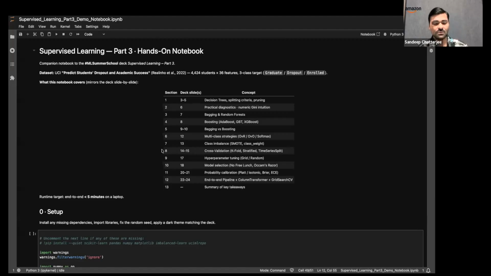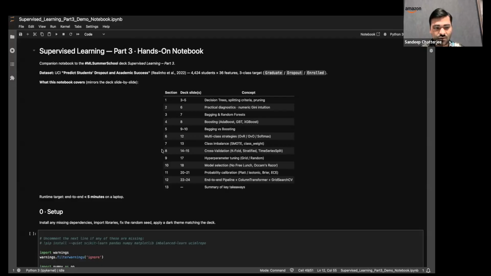This is about predicting whether a university student will graduate, drop out, or remain enrolled. We will walk through every major concept we got from the slides: decision trees, ensembles, multi-class strategies, class imbalance handling, then cross-validation methods, hyperparameter tuning, model selection, probability calibration. And finally, we will also see the production-style pipeline from the scikit-learn pipeline package.